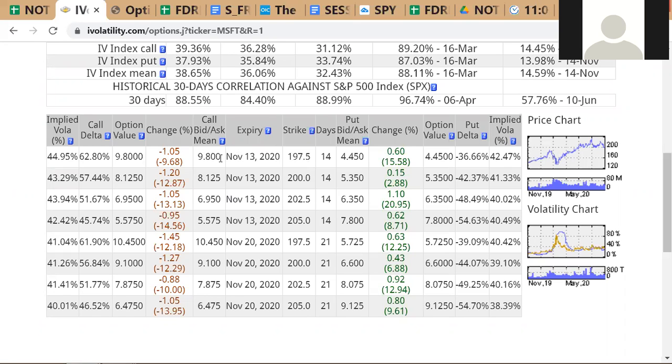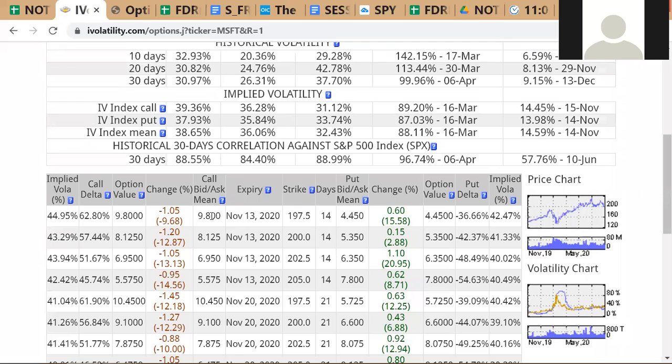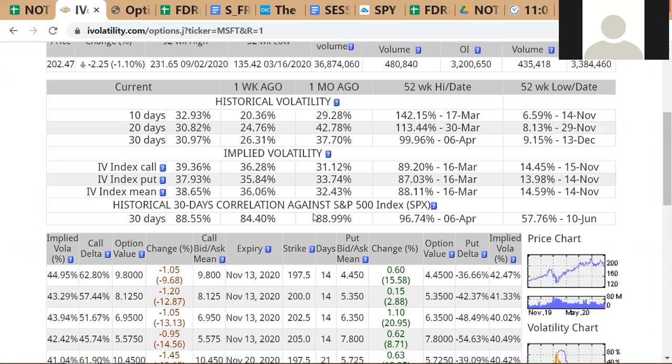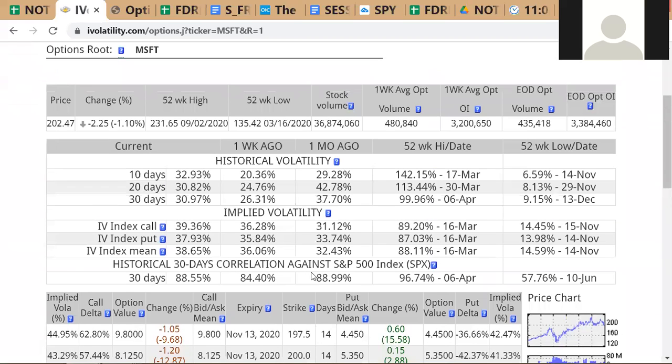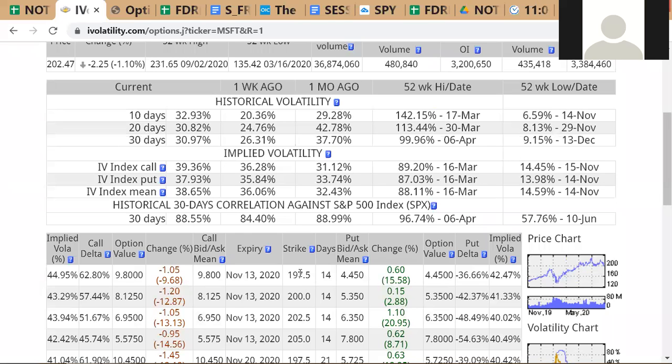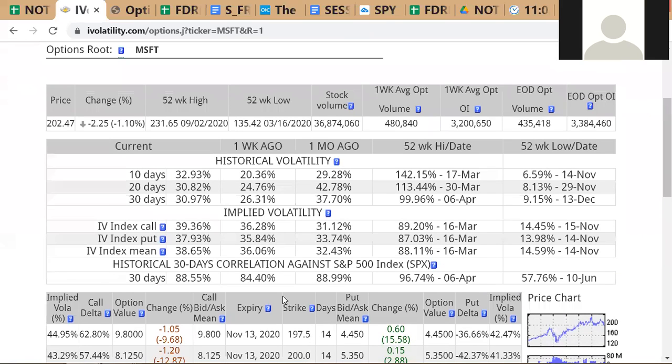When you exercise the option, what do you do? You go to the person who sold you the option, and you say, I bought this call at 9.8. I paid $9.8 a share, and the strike price is 197.5. Now I want to exercise my option, so please sell me the shares of Microsoft.